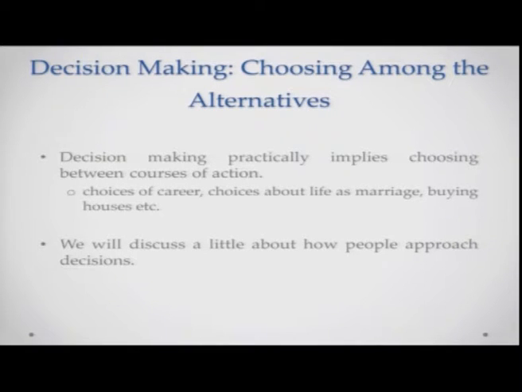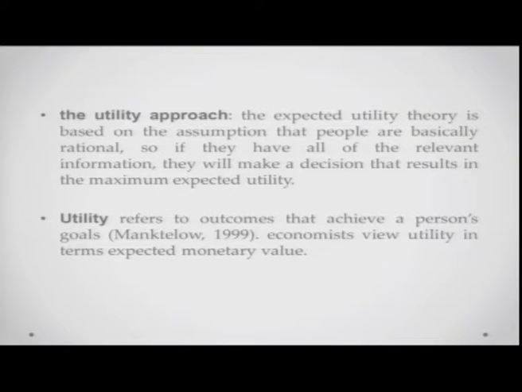So, let us discuss a little bit about how people approach decisions. One of the most common approaches is called the utility approach. The expected utility theory is based on the assumption that people are basically rational beings. So, if they have all of the relevant information required to make a decision, they will end up making decisions that maximize the utility.